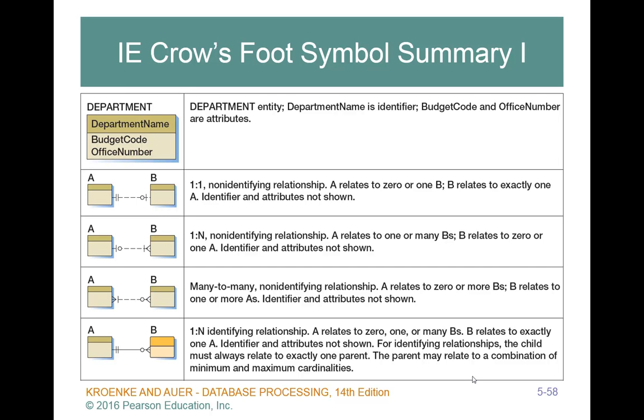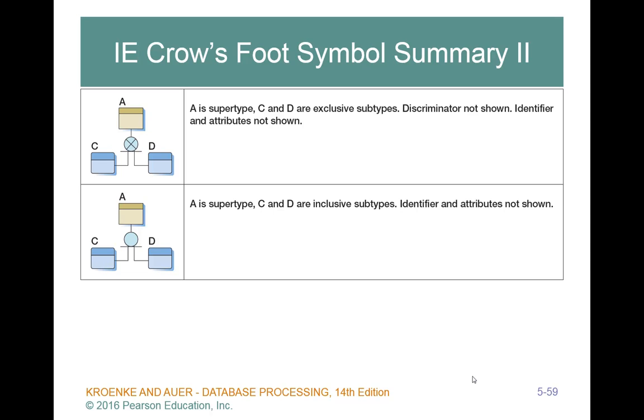The next couple slides here of part 2 I would definitely use for your reference, because they give us a summary of the different maximum and minimum cardinality combinations in identifying and non-identifying relationships, as well as our subtype relationships, that you can go back and reference, especially for testing purposes.